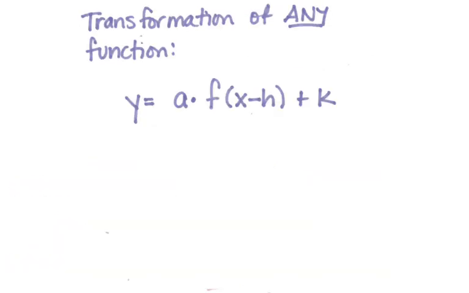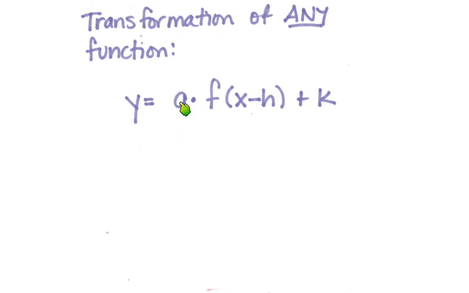Okay? Now, we can do the same thing to any function. We would still have out here whether or not it is positive, like the parent function. If it's negative, it's going to reflect it across the x-axis. If the absolute value of a is greater than 1, it would stretch the function vertically.